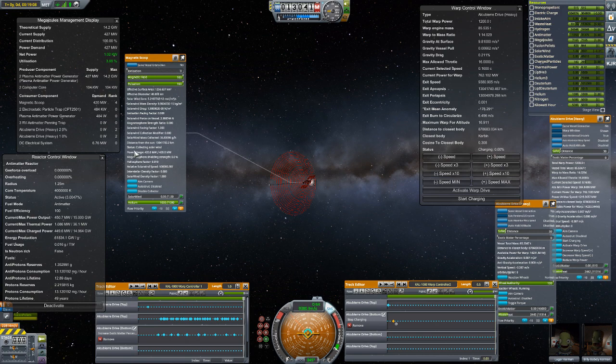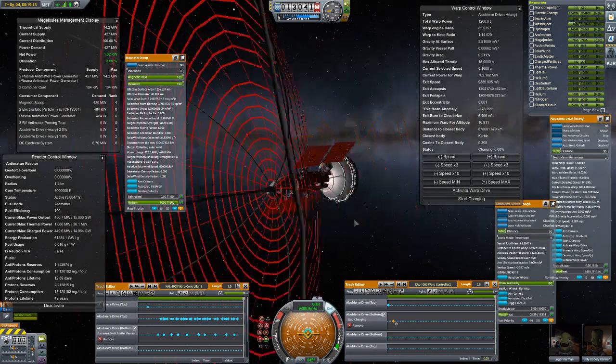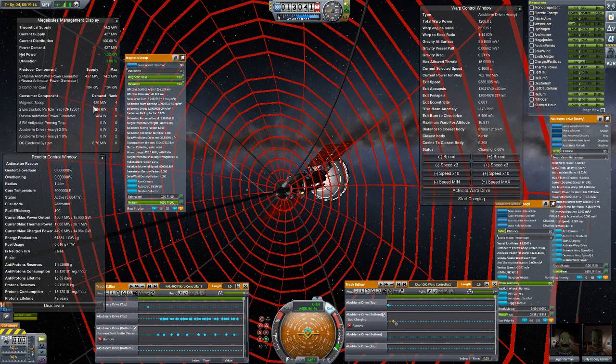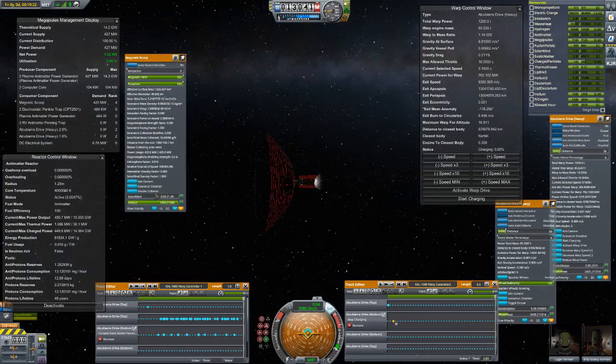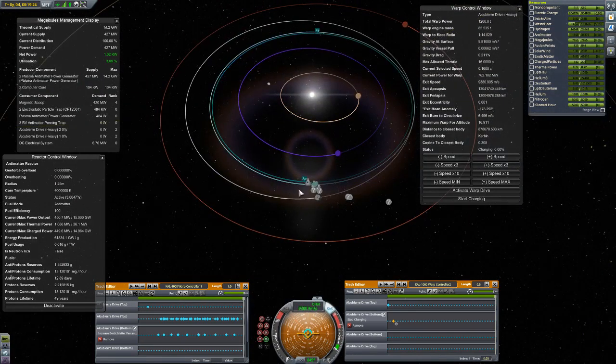In the case of collecting solar wind, you simply point at the sun, and it's a very low power operation. 420 megawatts is what it requires, as opposed to the gigawatt that it requires for full power up here. Also, this won't do much to slow down your orbit because the drag is insignificant at this velocity. So you're not going to worry about crashing into the sun anytime soon.